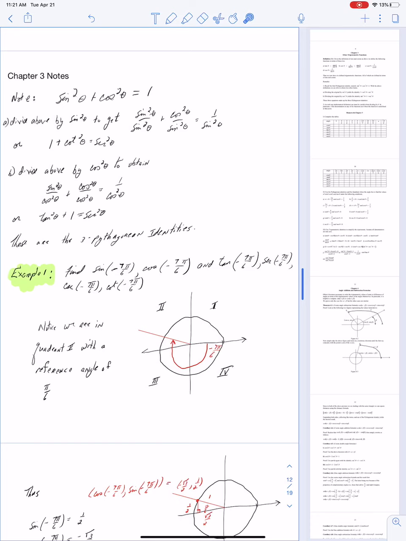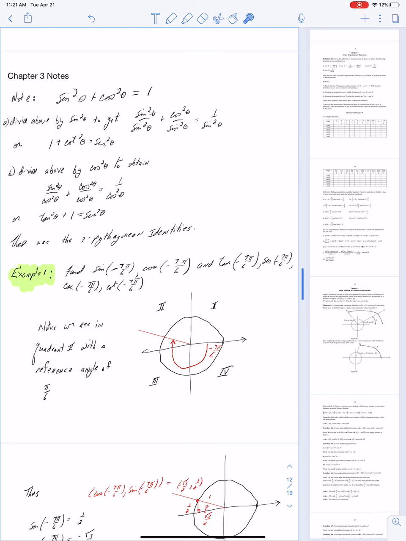So here it is, sine squared plus cosine squared is 1. Now, if we divide everything by sine squared, what do you get? Sine squared over sine squared plus cosine squared over sine squared equals 1 over sine squared. I'm not writing sine squared theta because I'm getting lazy, but a trig function needs the argument theta, so don't leave that out.